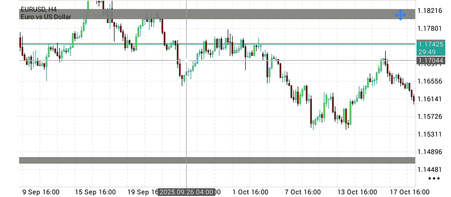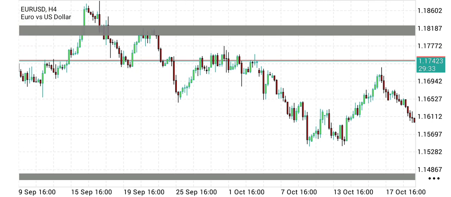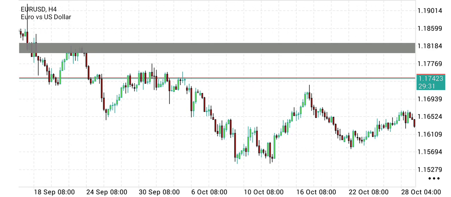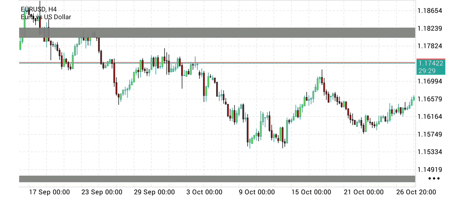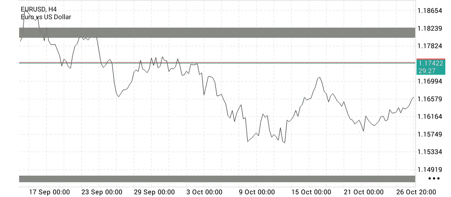So we know that where the price has stopped once, it will stop again. The price tends to repeat itself. History repeats itself.